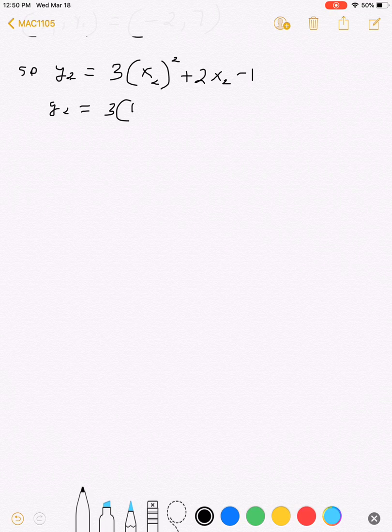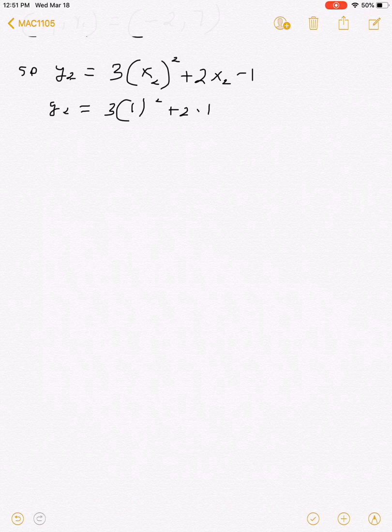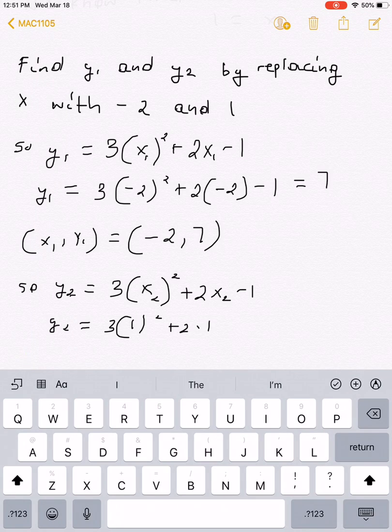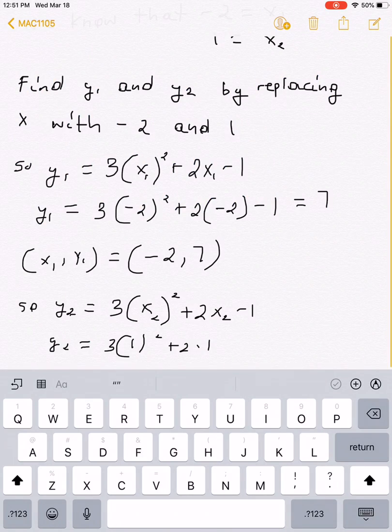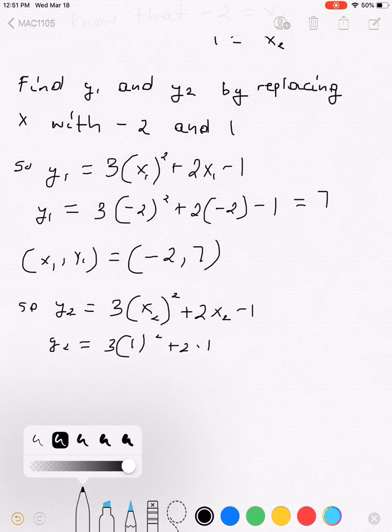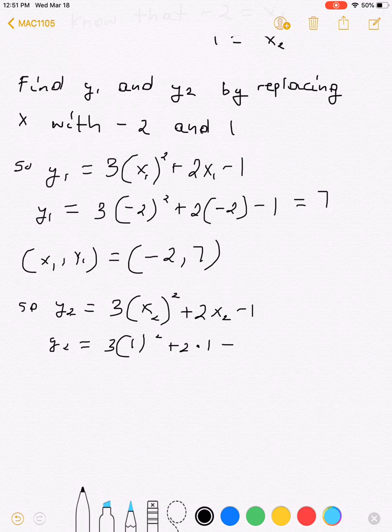So we have 3 times 1 to the second power plus 2 times 1 minus 1. Okay, when we evaluate that, we end up with y2 equal to 4. So we have the point x2, y2, which is 1, 4.